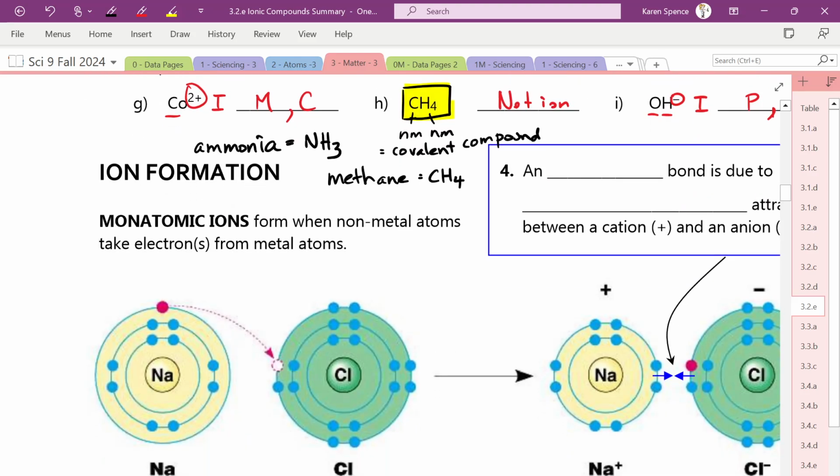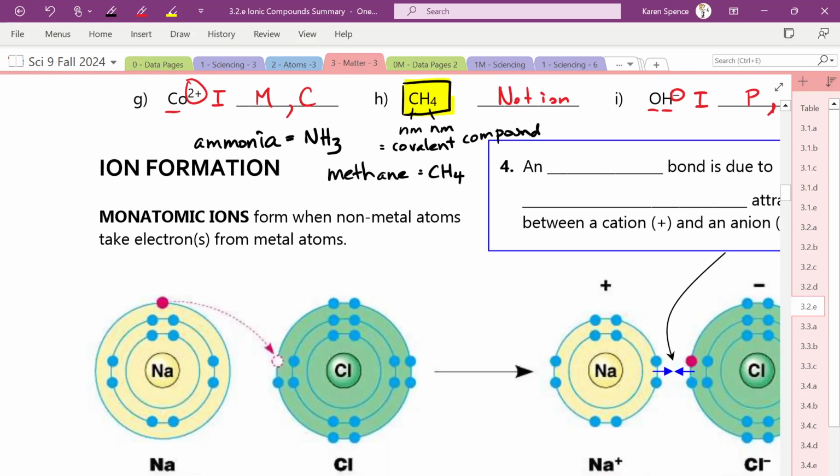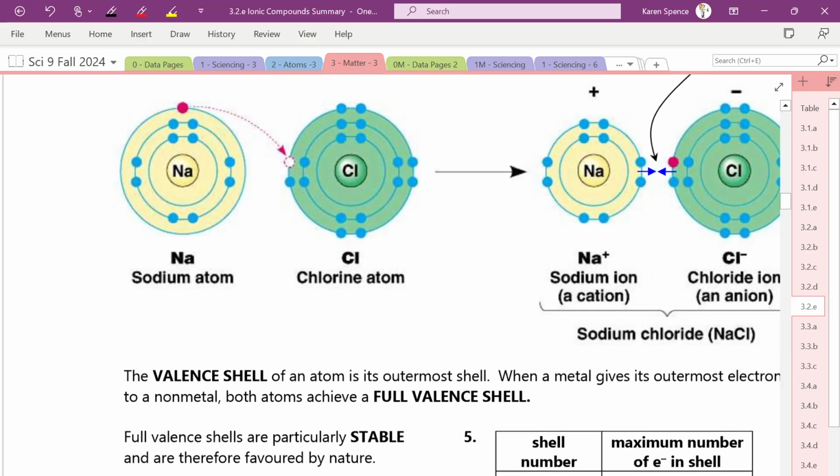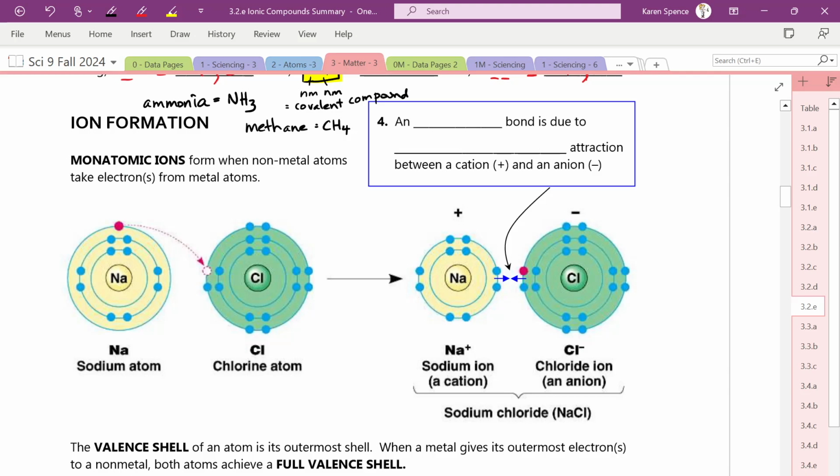Monatomic ions. Monatomic ions form when nonmetal atoms take electrons from metal atoms. So who are the electron givers?